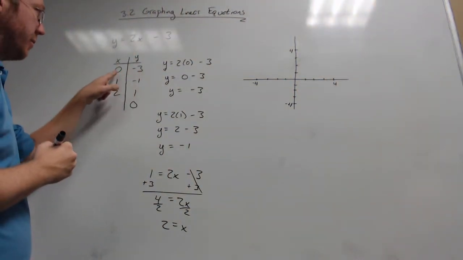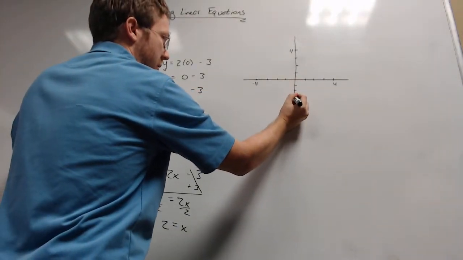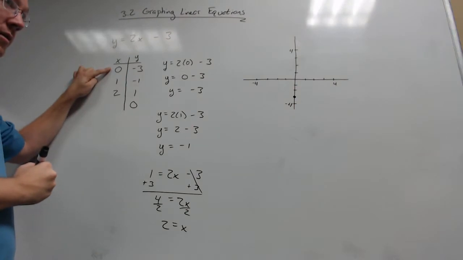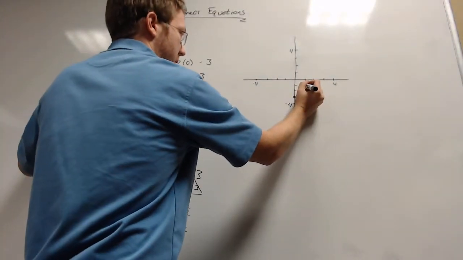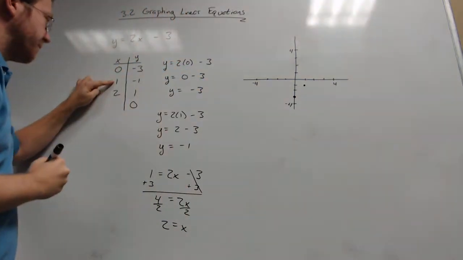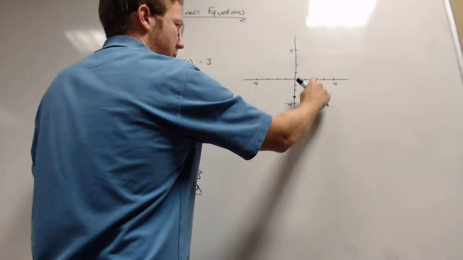This creates 1 point where x is 0, y is negative 3. We have 1, negative 1, so our x is 1, y is negative 1. And 2, 1: x is 2 and y is 1.